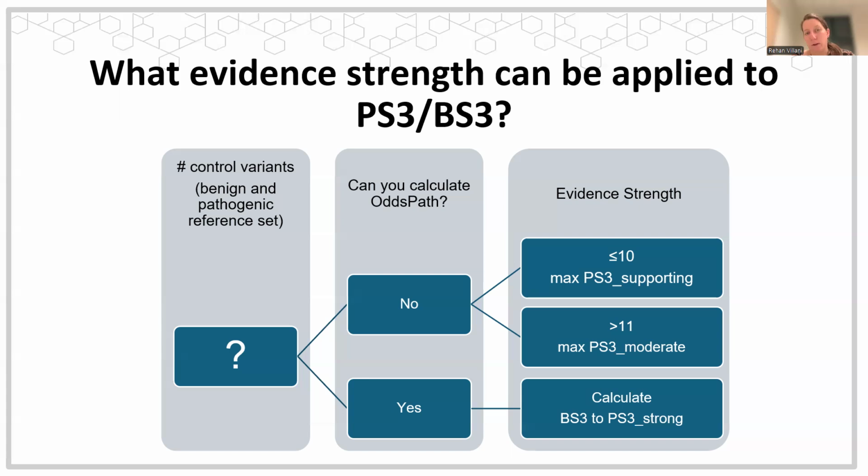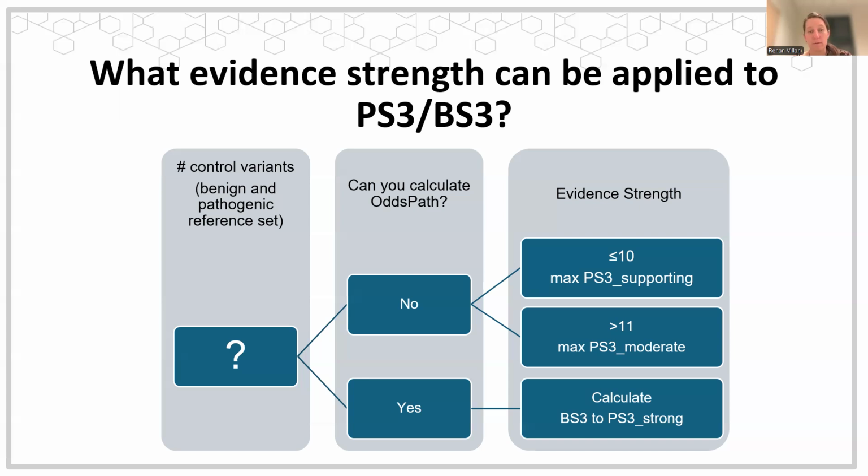Do you have sufficient variants to calculate an odds path? If you don't, if you have less than 10 control variants, then the SVI recommendations would suggest that you should apply a maximum of PS3 or supporting evidence.